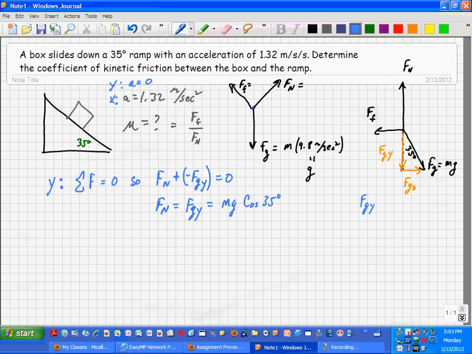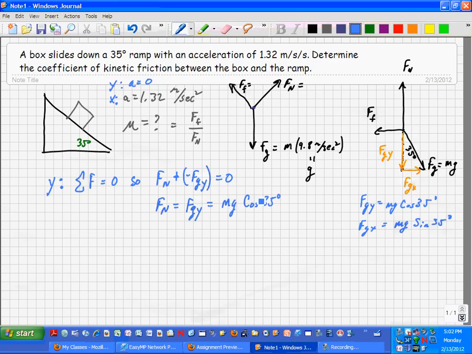So F_gy is going to be equal to mg cosine 35, and F_gx is equal to mg sine 35. Again, I just stuck in g for 9.8 rather than writing a number and the units along. I'm just using that.